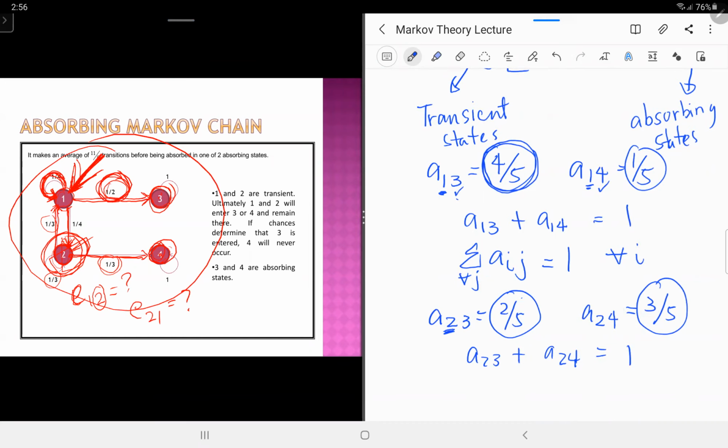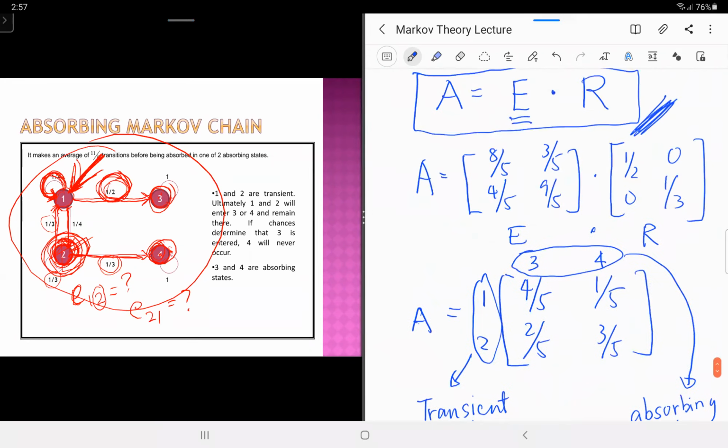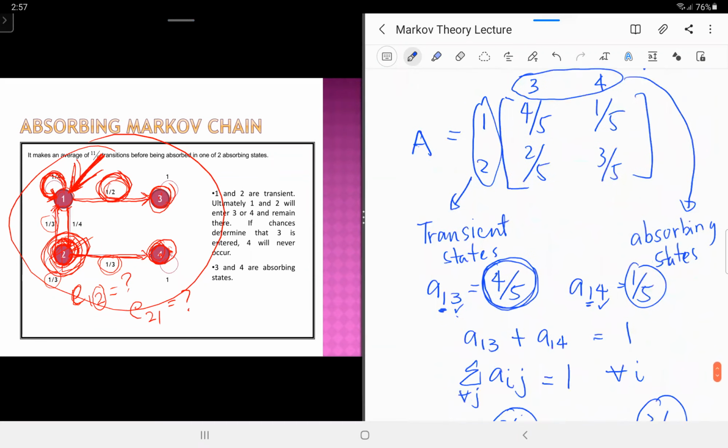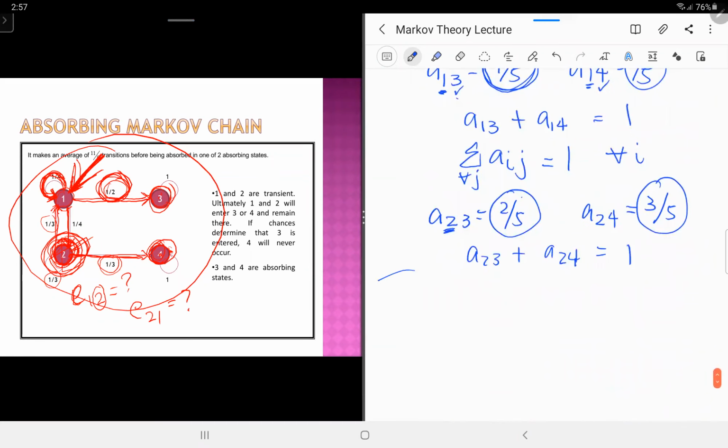Again, same logic. If you are in 2, you have a better chance to go directly and be absorbed in 4 rather than being absorbed in 3, because you have to pass through transient state 1. So that's the meaning of absorption probability. If you are in a transient state, you have several options of being absorbed, or several absorbing states are waiting for you.